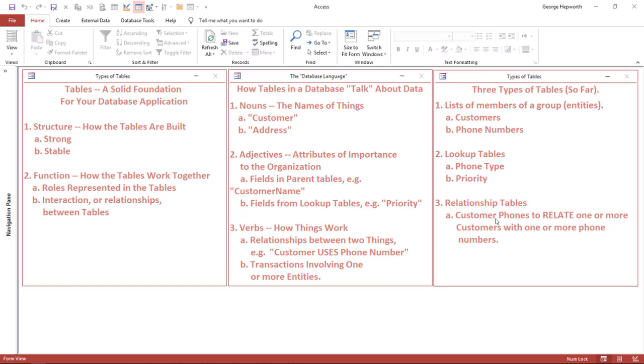And then we talked about many-to-many tables, the junction tables, where we have the relationship identified between one or more items on one side, one or more items on the other. In the next video, we'll move on from here.